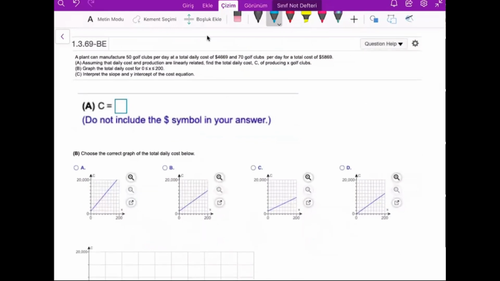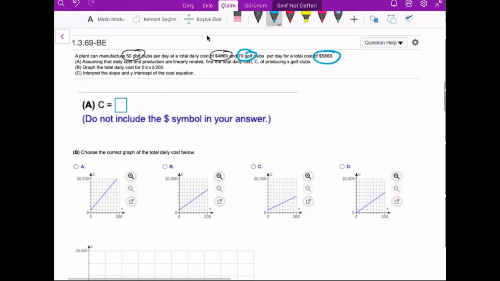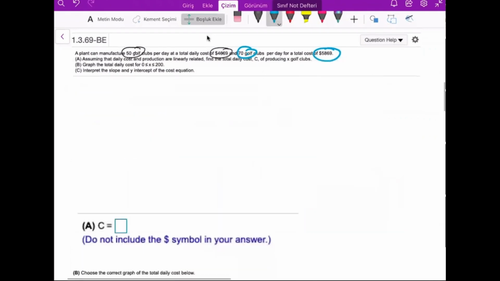Let's look at this question. I hope you will understand well from this example. When the number of golf clubs is 50, the daily cost is this one. When the number of golf clubs is 70, the total cost is this one. So what we know is that when x is 50, the cost is 466.9.